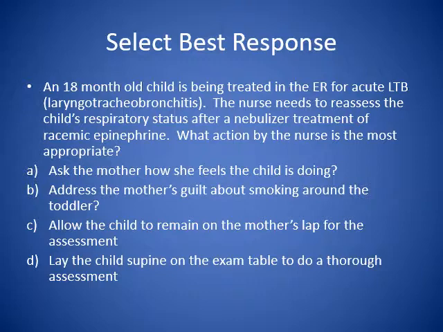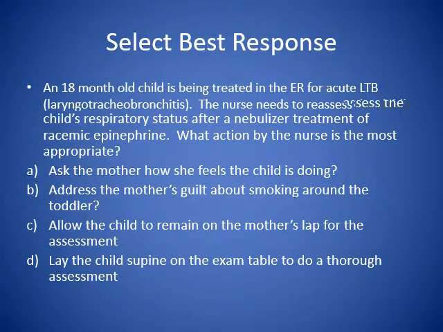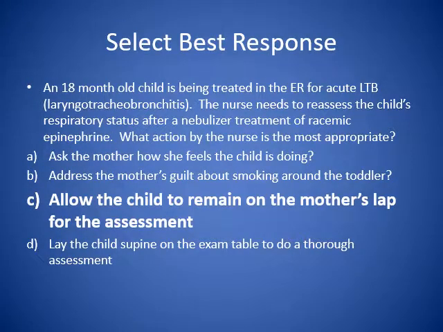C. Allow the child to remain on the mother's lap for assessment, or lay the child supine on the exam table to do a thorough assessment. The answer is C. You want to allow the child to remain on the mother's lap for assessment. An 18-month-old is in the middle of that stranger danger anxiety, separation anxiety. So allowing the child to remain with the mother will keep them calmer, and you'll have a better assessment.